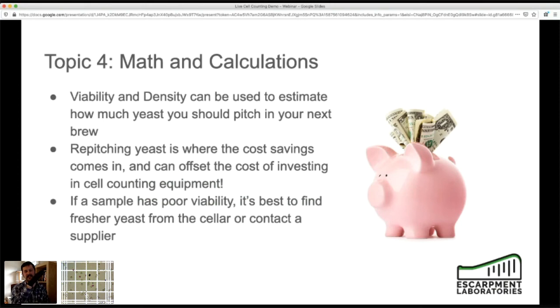Then you can see, maybe because of nutrient issues or fermentation problems, a massive drop in your viability. You can start predicting, based on what kind of beer you're making, when you need to start ordering fresh yeast, and build that into your planning so that by the time you need fresh yeast, it's already been ordered.